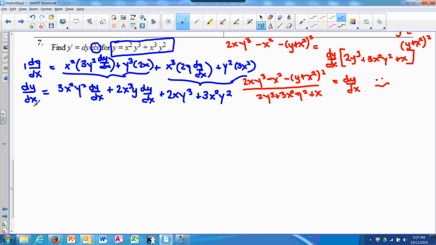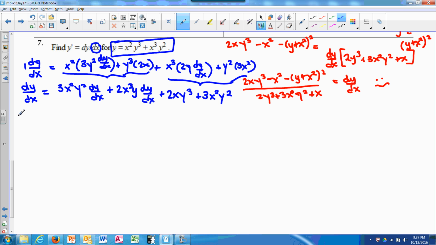Now, if I move all the dy terms to the left, I'll have two negative dy terms. Everything else will be positive. If instead I move the non-dy terms to the left, they would both be negative, but I would also have to move this dy term over, and it would end up negative. So the least amount of negatives I can have is just to collect the dy's on the left.